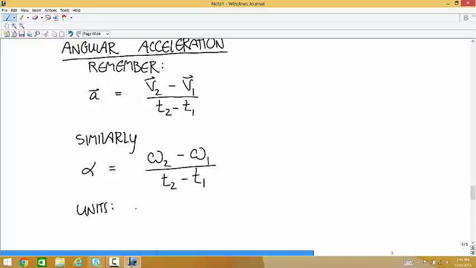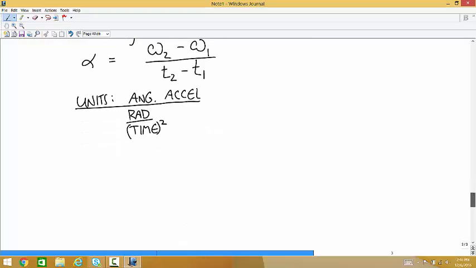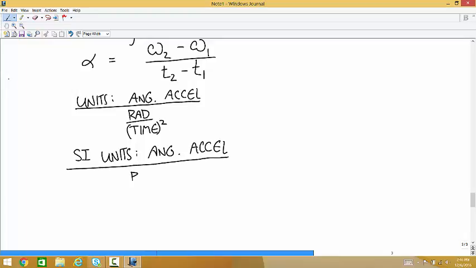The units for angular acceleration are radians over time squared, and the SI units are radians per second squared.